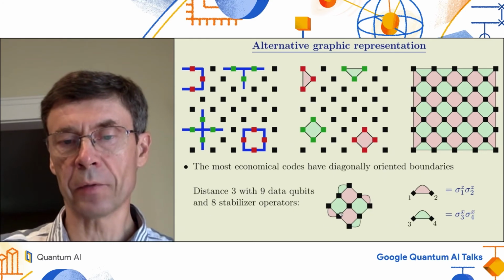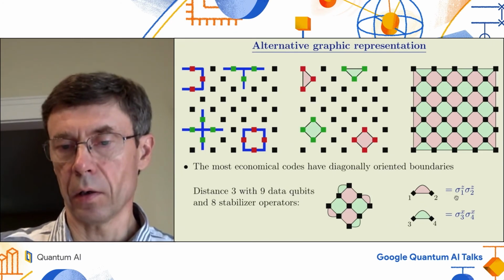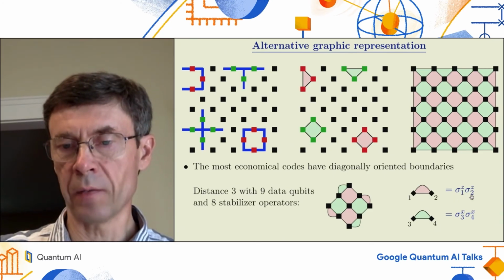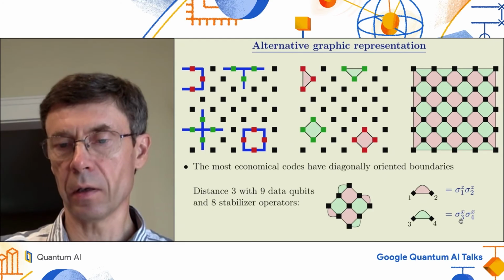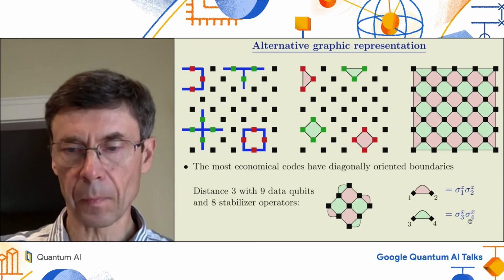Some of these stabilizer operators act on just 2 qubits. For example, sigma z1 times sigma z2, or sigma x3 times sigma x4.